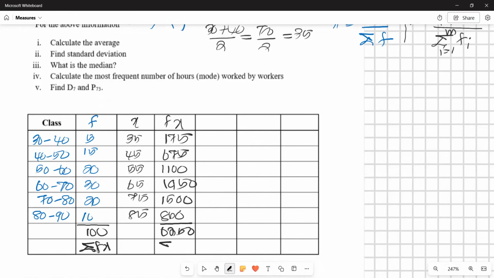This is sigma fx. Right, I made an error earlier: the 100 is sigma f, not sigma fx. Okay.